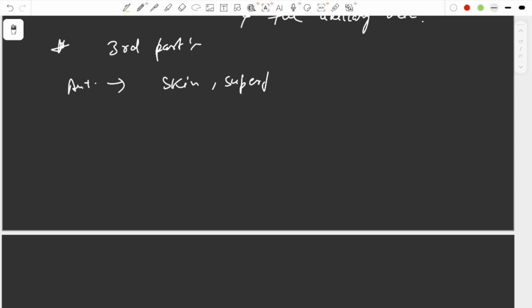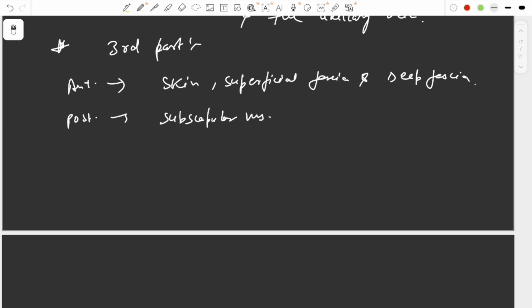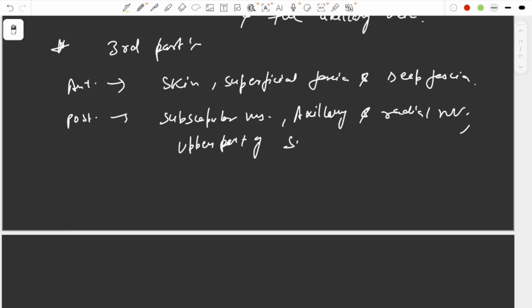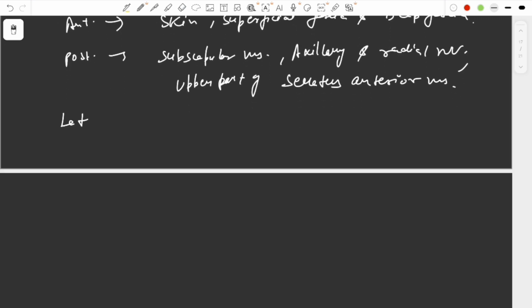Posteriorly it is bound by the subscapular muscle, the axillary nerve and radial nerve, and the upper part of the serratus anterior muscle.